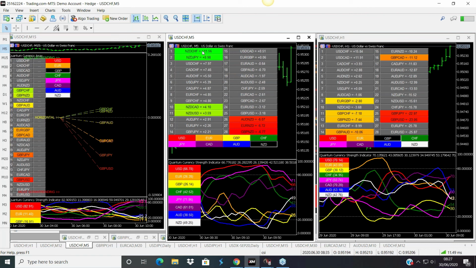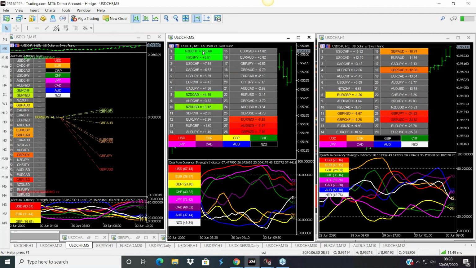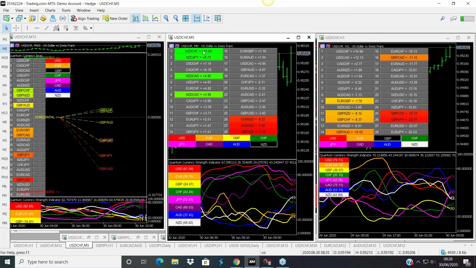We can see here +11 to -6, so it gives us a sense of the strength for the buying and selling of this particular currency. And we use these numbers as an indication of the strength of flow into the individual pairs.